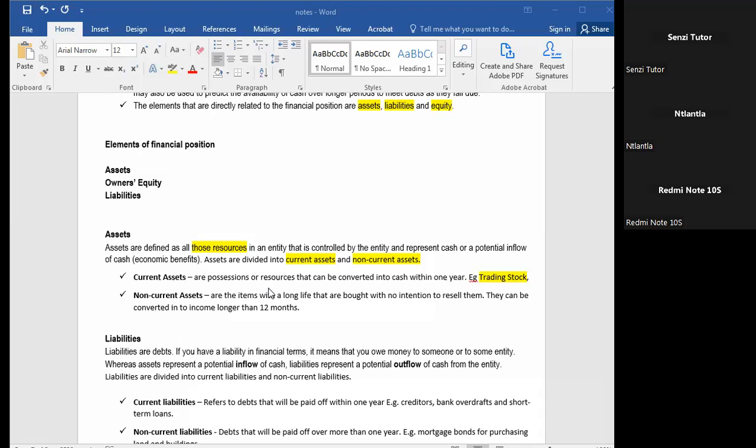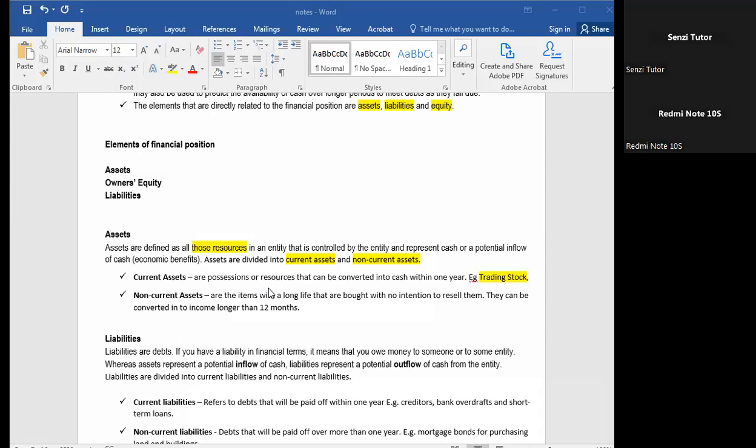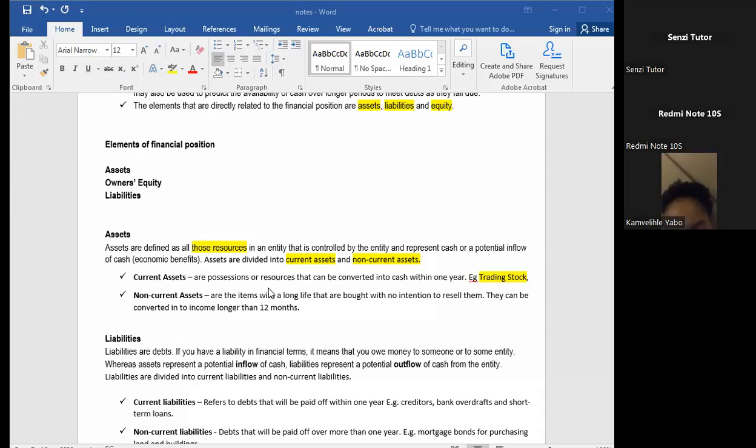Therefore, if you want to start your business, you need land and buildings so that you can run your business. That is the location of your business and also the building where you will run it. So we know now that land and buildings stay a long time in our business.